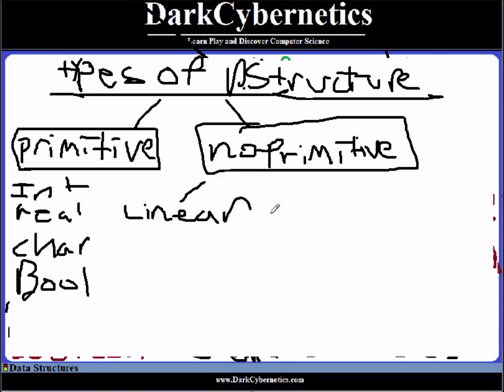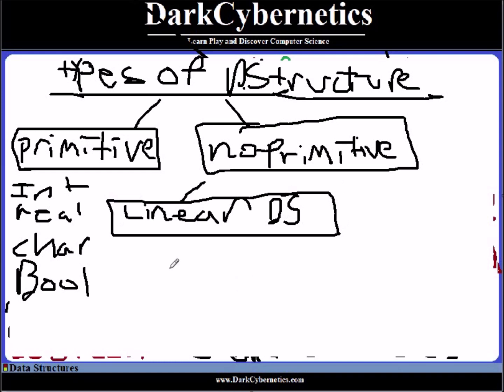We're saying that there are linear, homogeneous data structures. Those linear homogeneous data structures are information pieces like the array. We use arrays. And there are pieces such as linked lists.